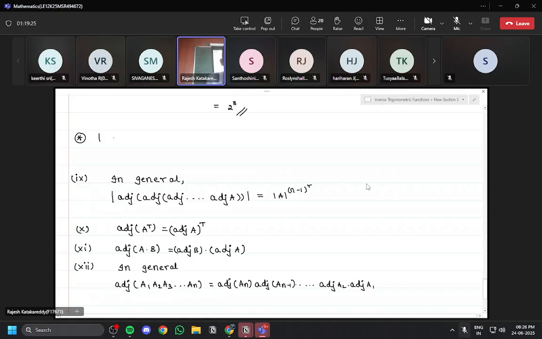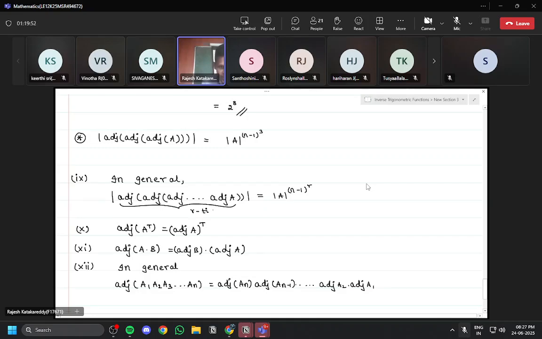Determinant of adjoint of adjoint of adjoint of A, 3 times, is equal to determinant of A to the power n minus 1 whole cube. We can prove it, but it is a little complicated. Here you are writing r times.